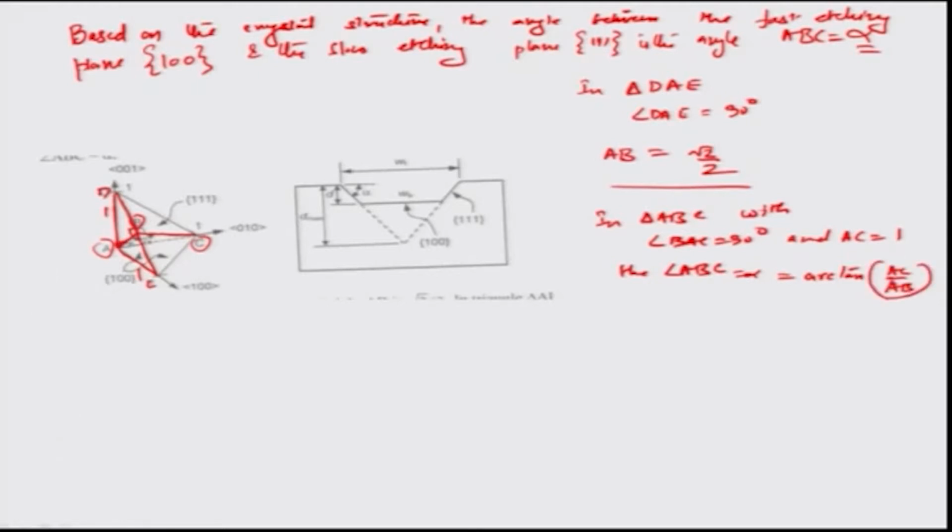So obviously in this triangle ABC, alpha is nothing but the AC, which is one of the sides, divided by AB, tan inverse. Okay. So geometrically this comes out to be equal to arctan of 1 divided by root 2 by 2, which is 54.74 degrees. So this angle alpha here, which formulates between the 100 and the 111 direction, is actually 54.74, and that's what happens normally in anisotropic etching.